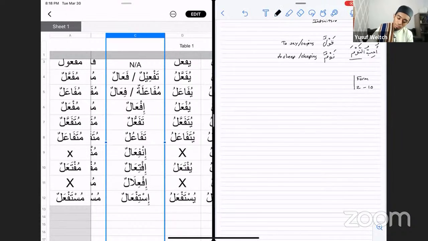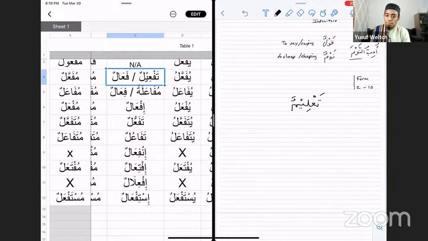Let's use a less jargony word. What does ta'lim mean? Ta'limun, like taf'ilun. To study or to teach? To teach, good.